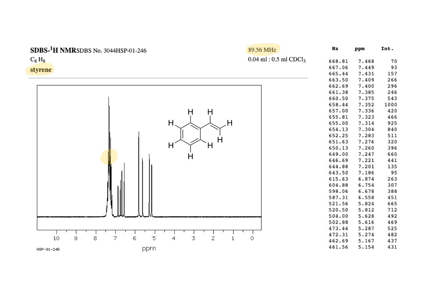Moreover, we see that at 6.8 parts per million, we have a doublet of doublets, whereas the peaks between 5 and 6 are two doublets with different coupling constants.